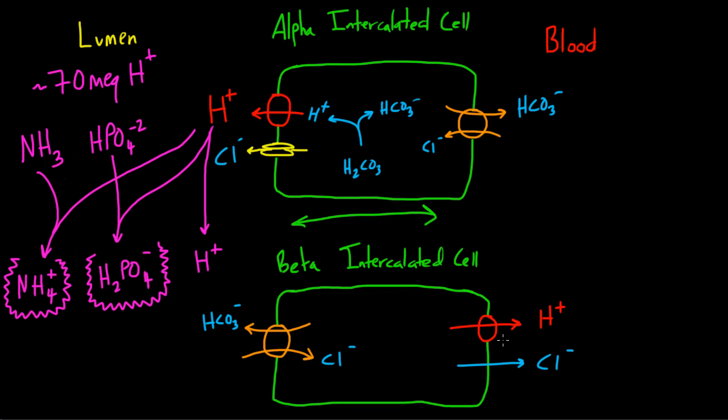On the basolateral side, it will reabsorb hydrogen ion and reabsorb chloride. This cell is most active in the setting of an alkalosis, where there's too much bicarbonate and we want to get rid of bicarbonate.